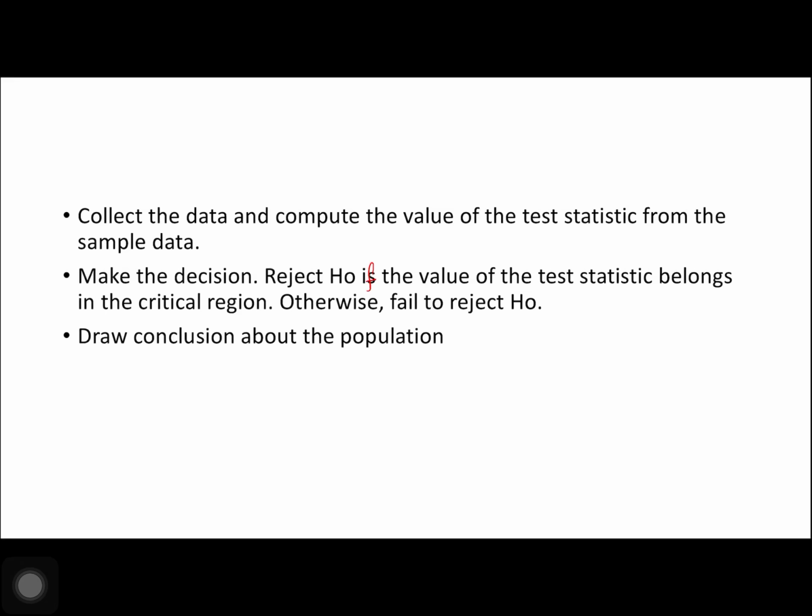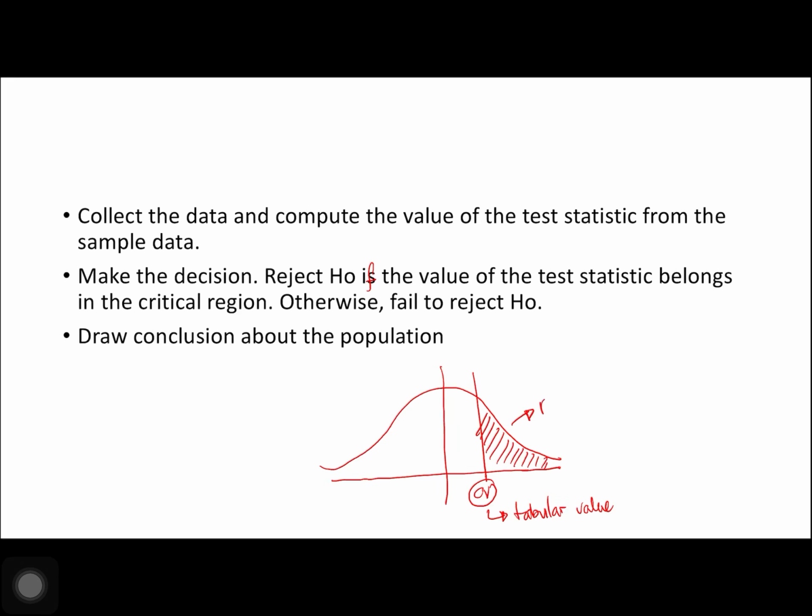Then draw a conclusion about the population. Okay, so I've been talking about critical values. In our normal curve, let us say we have here our critical value or the tabular value. So in our normal curve, if this is our critical value, then this is our critical region or the rejection region.